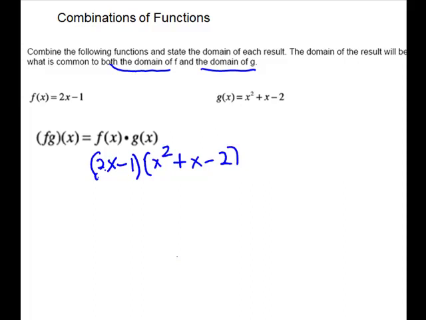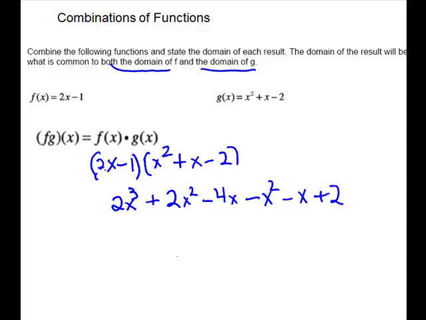So I have 2x times x squared will be 2x cubed. I have 2x times x is 2x squared. 2x times negative 2 is negative 4x. Right, then I'm going to switch and distribute the negative 1. So minus x squared minus x plus 2.